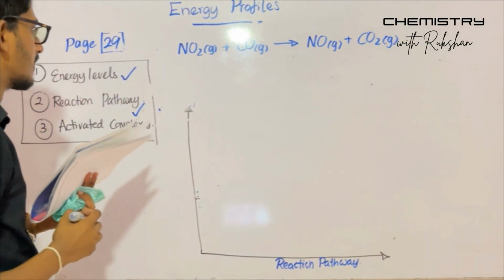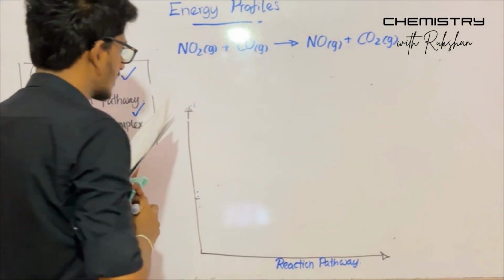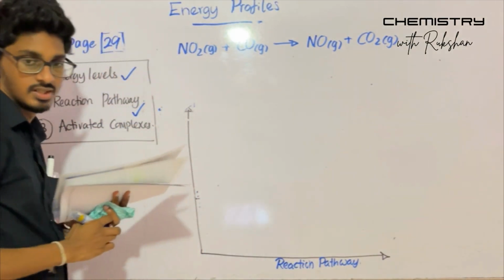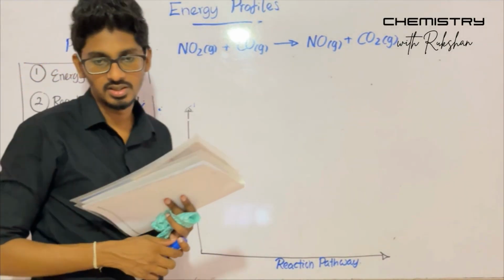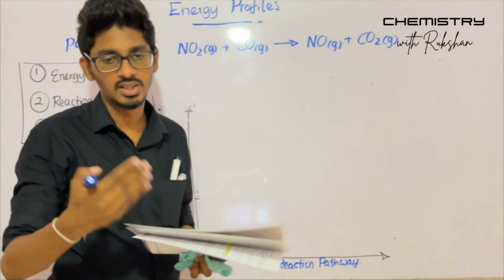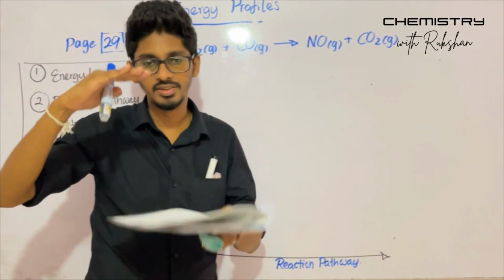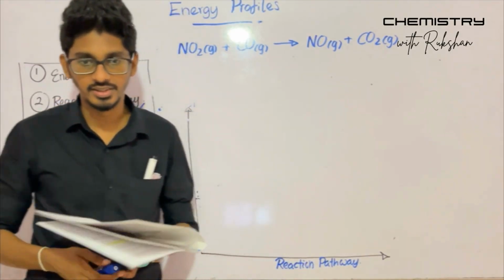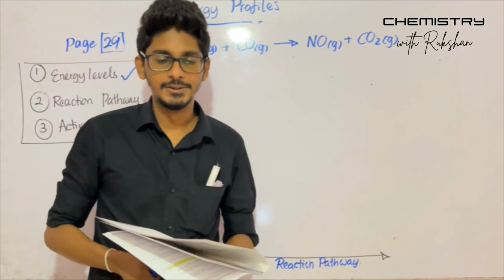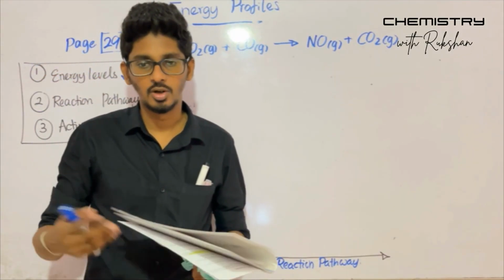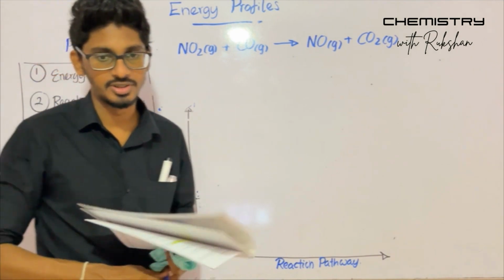Right? This is the overall reaction and delta H value should be calculated, right? If not, you are unable to place the initial and final states, the energy levels, which is higher than the other, right? You can't decide that without the sign of the enthalpy change, right?